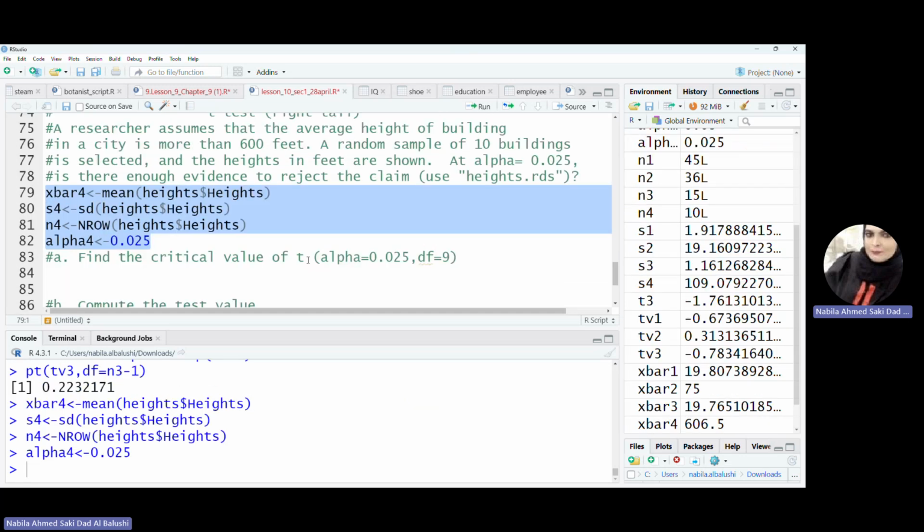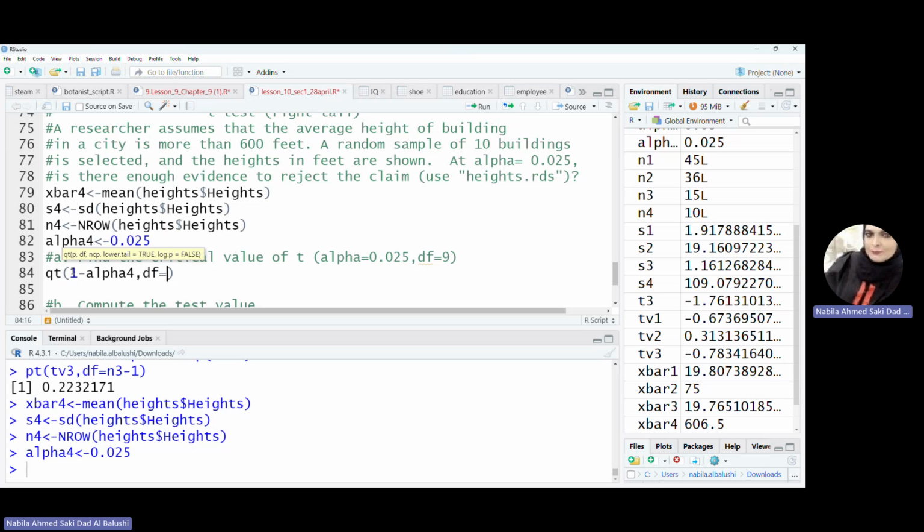Find the critical value for t. This test is a right tail test, so the critical value will be qt. It should be positive, so that's why we use 1 minus alpha. Alpha is saved as alpha 4. The t distribution also has degrees of freedom, so we have to mention the degrees of freedom for this example.